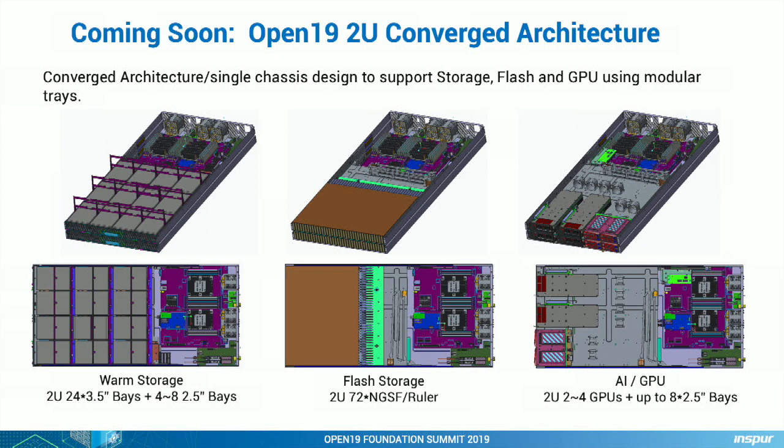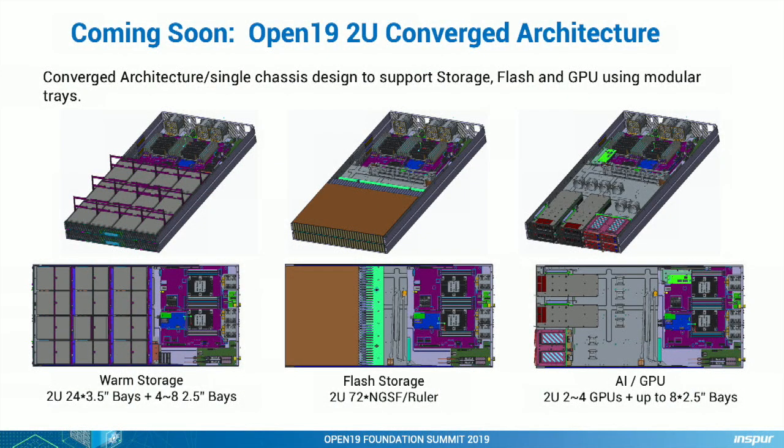So we are planning on introducing a warm storage solution with 2U, with 24 hot swap 3.5-inch bays and 4 to 8 2.5-inch bays also. This is going to be a very modular, tray-style design. In our 1U servers, we just add another tray to make it 2U, so we can quickly bring different solutions for Open19 to market.